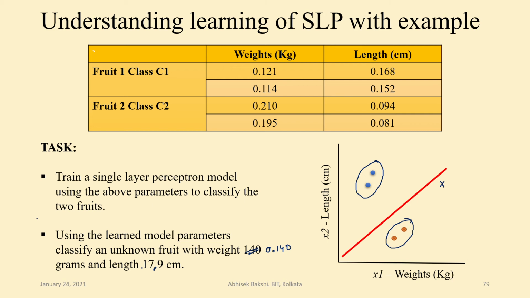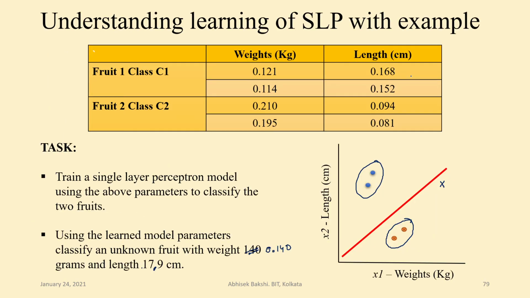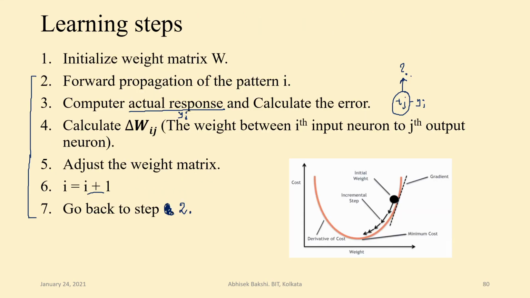But when your program starts getting executed and takes data from the data set, at that time, before we compute the actual response and find this error tj minus yj, what is tj? That we have not defined, at least in this example. This tj is that class level.